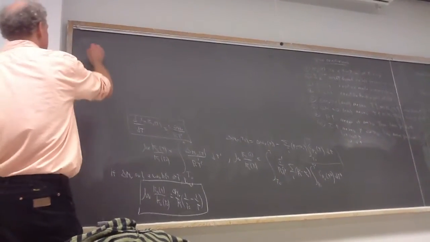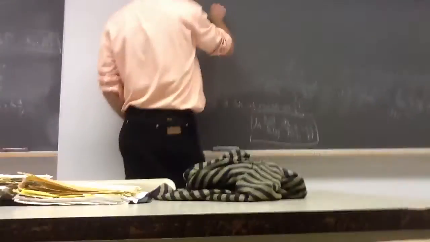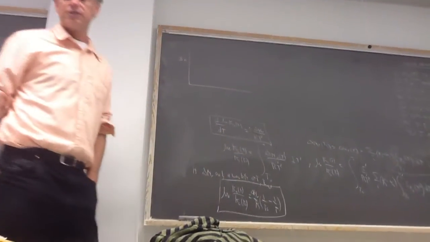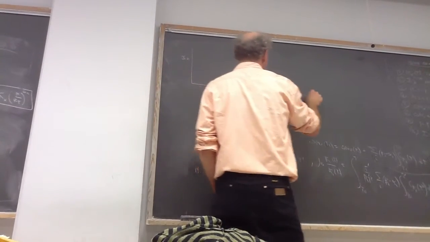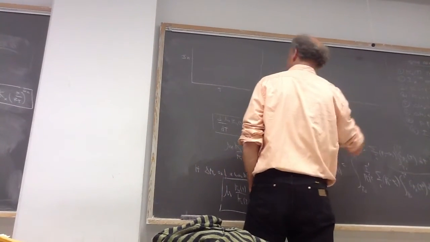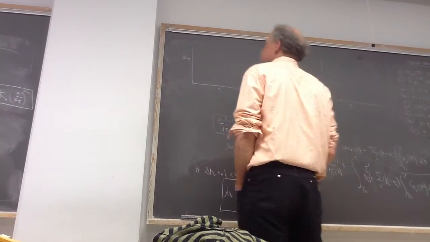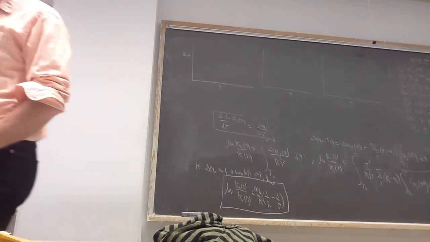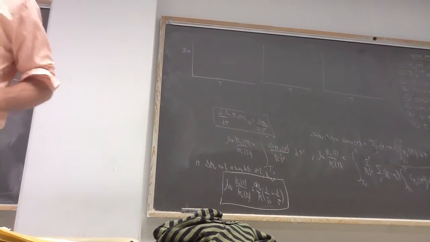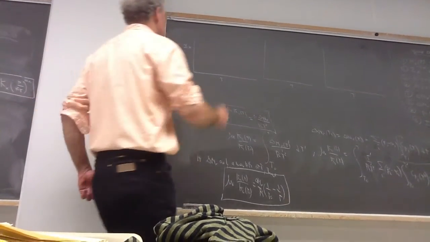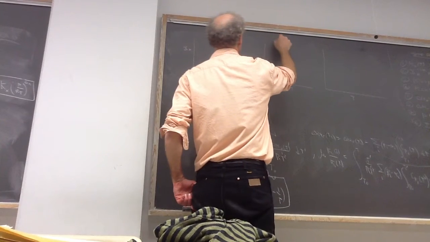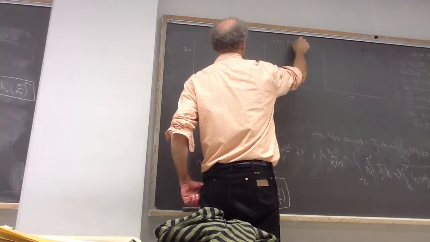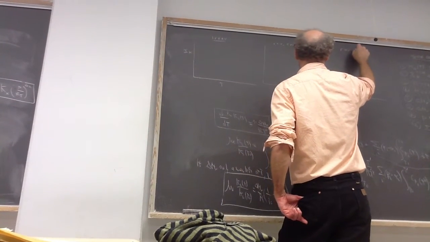I would like to plot X_A versus T. And I would like to do this for 3 separate situations. I would like to do it for an irreversible reaction, a reversible endothermic, and a reversible exothermic reaction.